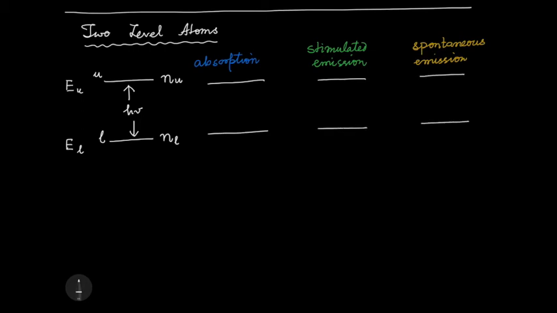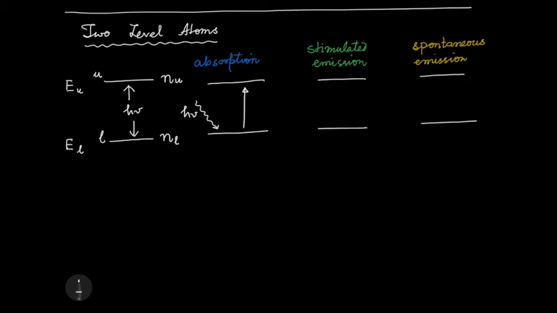So what happens in absorption? In absorption, you have these two levels, the same level everywhere actually. You have a photon of energy h nu falling onto the lower level, and because of that, one atom from the lower level goes to the upper level. The question we are asking is how many atoms will go from the lower level to the upper level.